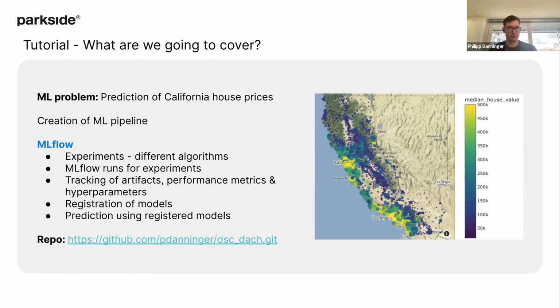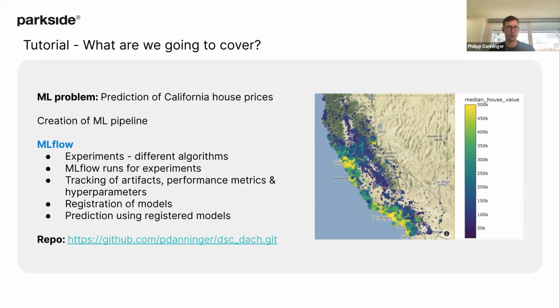In the materials that have been sent out by the organizer of this conference, I've also created a small GitHub repository. You can clone it yourself and create the respective environment from the YAML file that is also in the repository itself. But to follow this tutorial, based on the time that I have to show it, you don't have to code along.